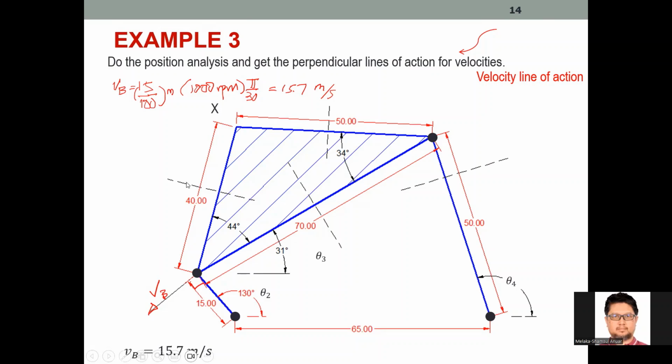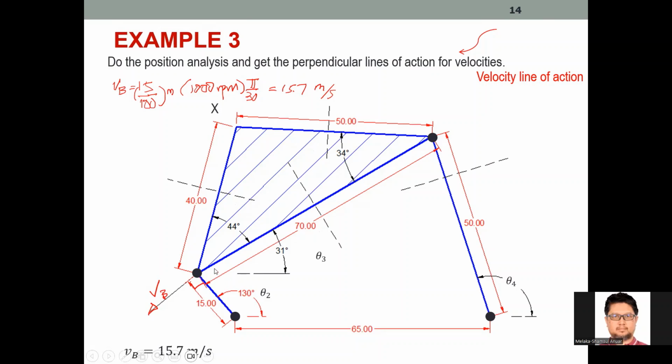Okay. And then I usually need to just draw so that we are aware of the lines perpendicular to each of the sides. So for this ternary link, even though it's supposed to be one ternary link number 3, it has 3 sides, so each side needs to have that perpendicular line.